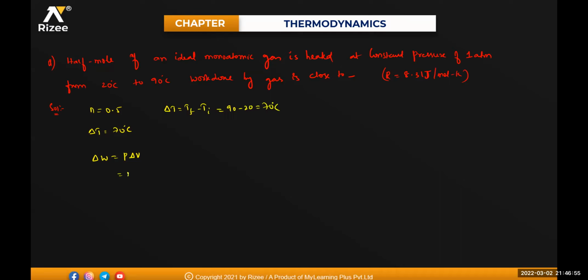Work done is equal to pressure into change in volume, which can be written as nR into delta T, where delta T is T final minus T initial. So N is 0.5, R is 8.31, into 70. Simplifying, you will get the answer as 291 joules. Done.